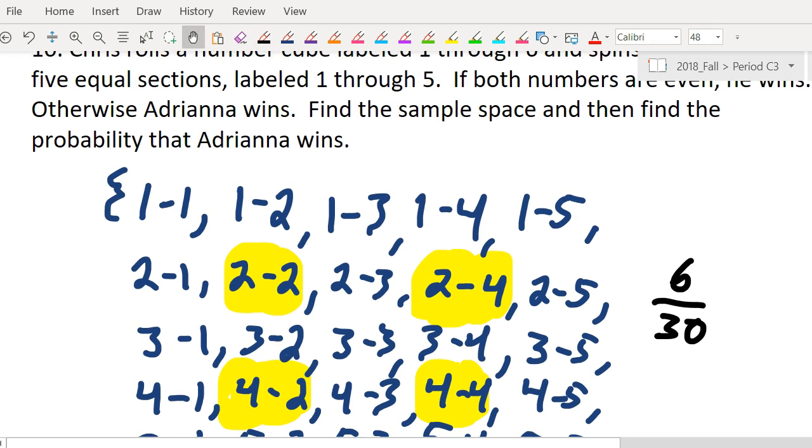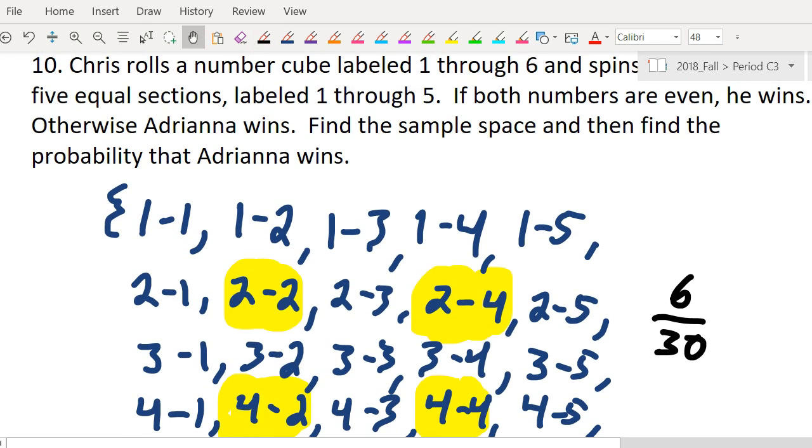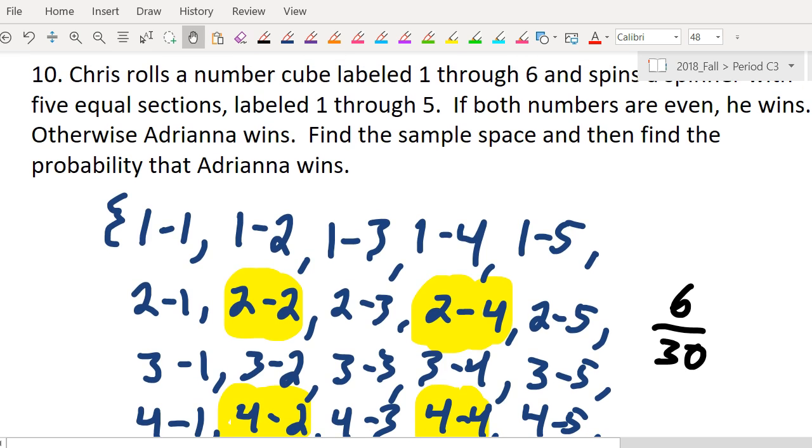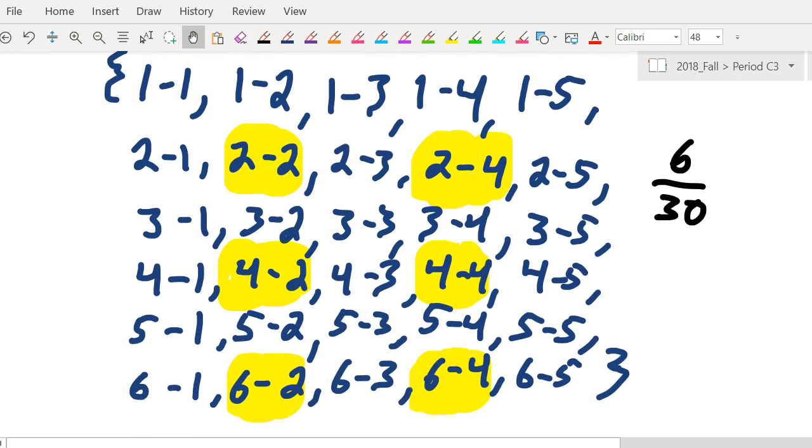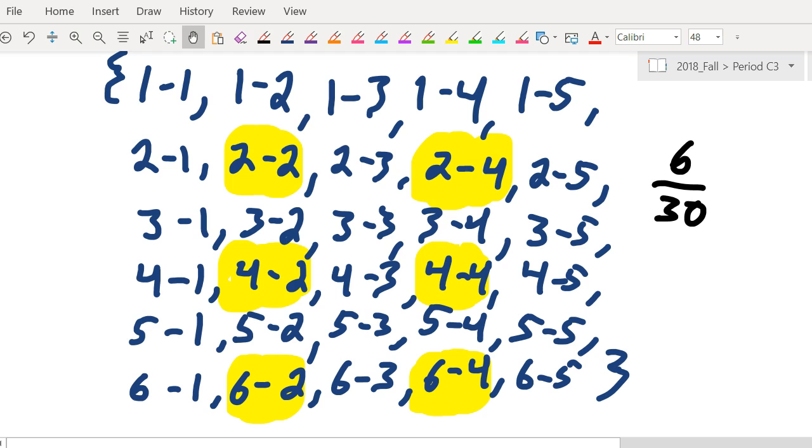I didn't look at the final answer. Find the probability that Adriana wins. So this is the probability that he wins. So Adriana wins is the complement. Jordan, ding ding ding. Let's give her a hand.